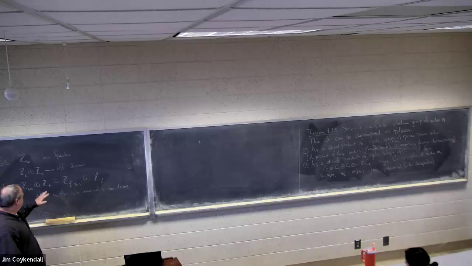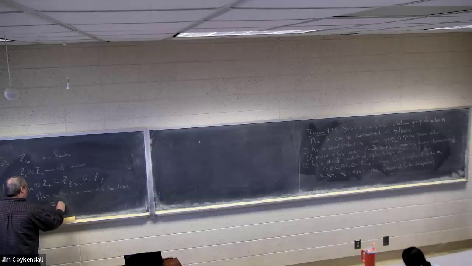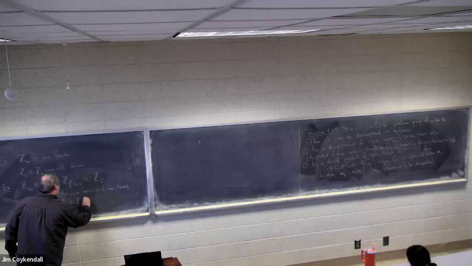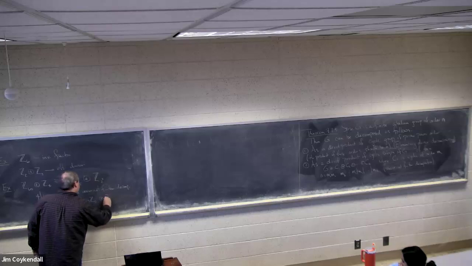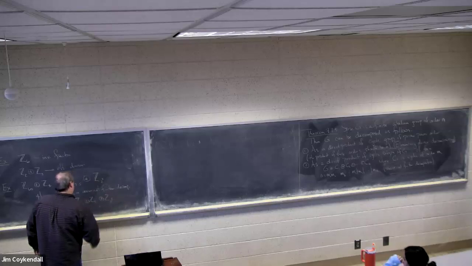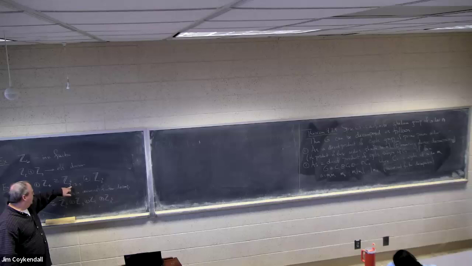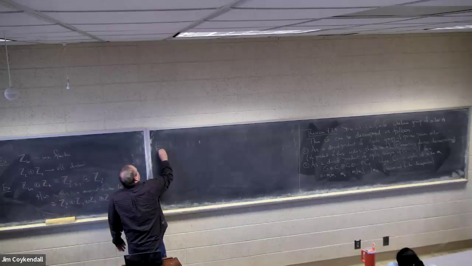Well, I've got three primes that divide this. And this follows from some stuff we've done, and follows the properties of the integers. I can decompose, since these are relatively prime, as Z2 squared, Z3, Z5. And this gives me my elementary divisor decomposition.